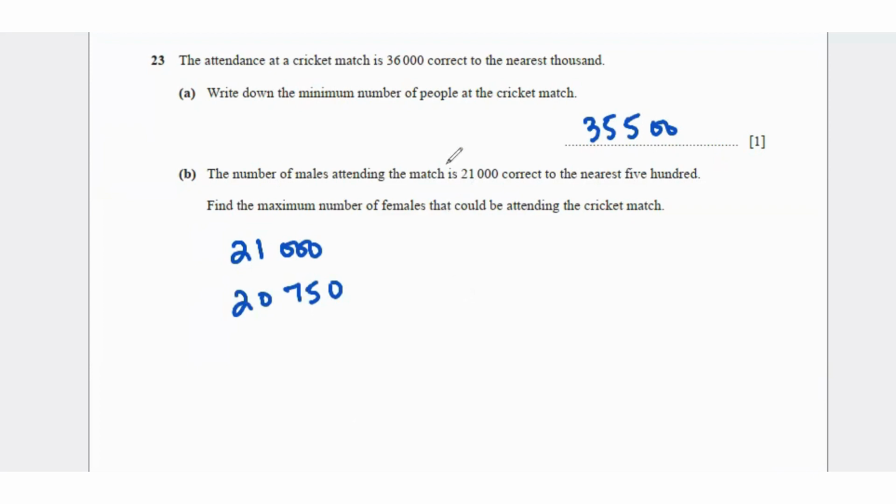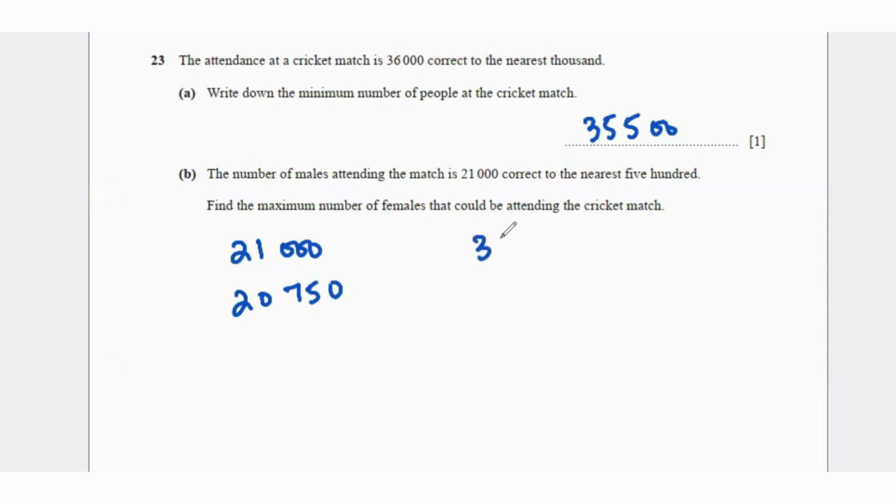And since the total attendance of the match, 36,000, has to be correct to the nearest thousand, to get the maximum number of females, this has to be right on the largest value that still rounds to 36,000.